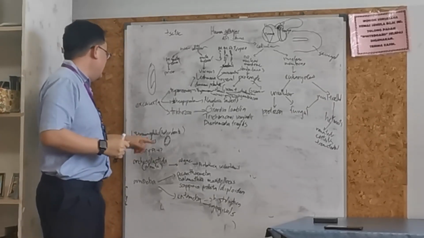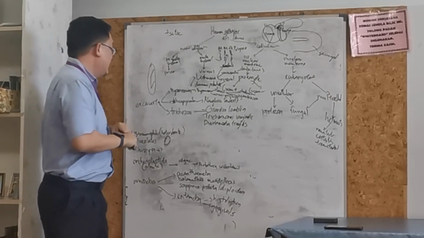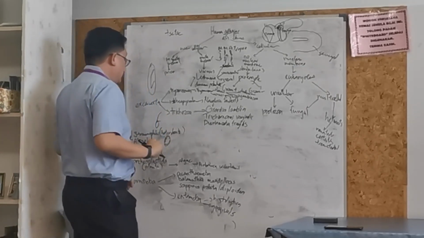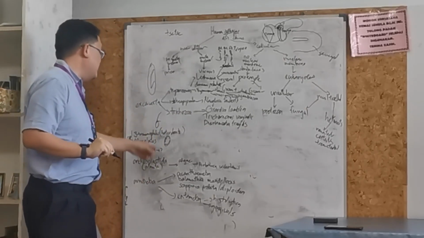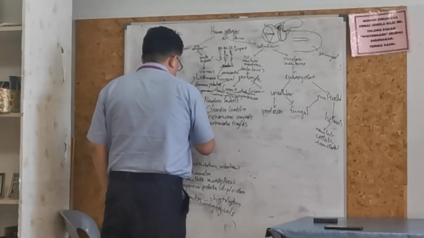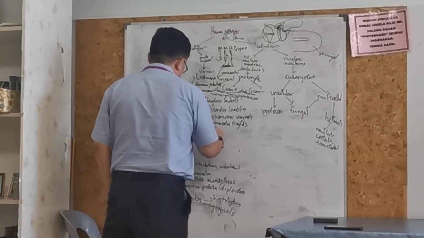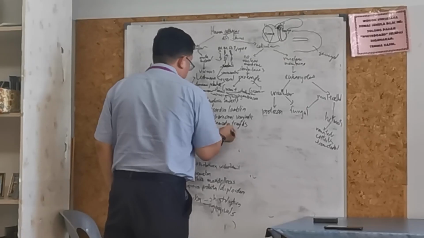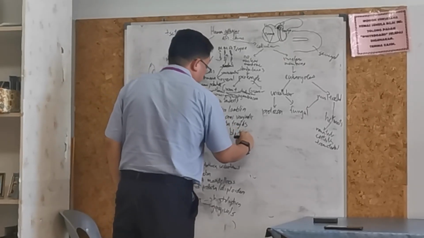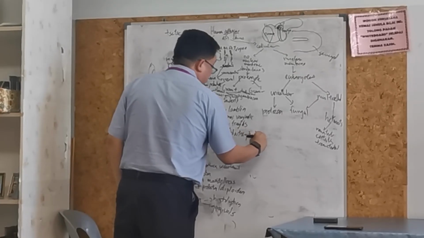Okay, Stramenopiles, heterokonts. Remember, they have two flagella, one big and one small. That's why they're heterokonts. So Pythium insidiosum, people just happen to get it in the house. But the other one is Blastocystis hominis. What's so special about Blastocystis hominis?